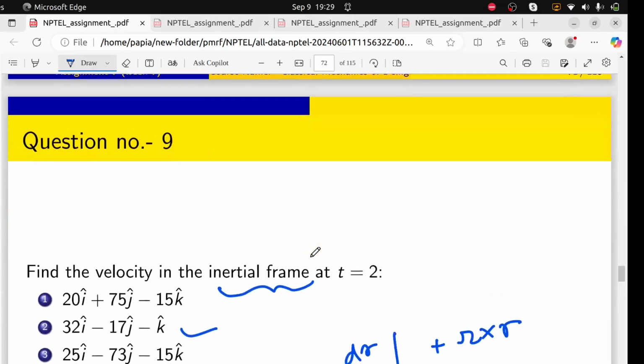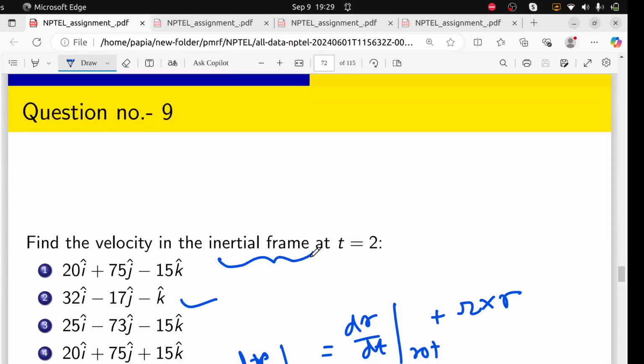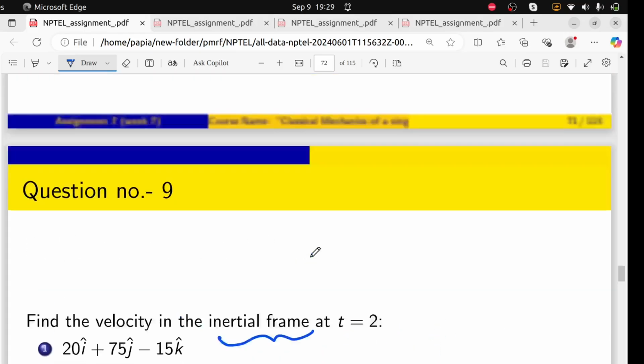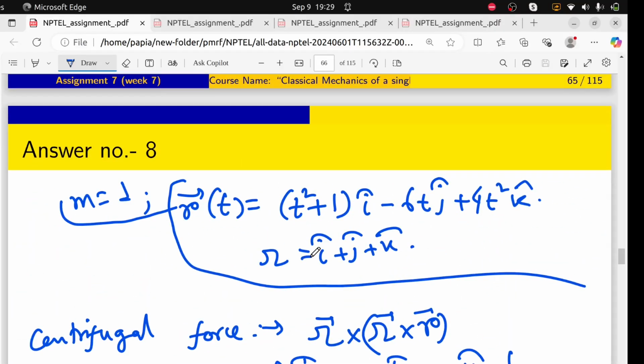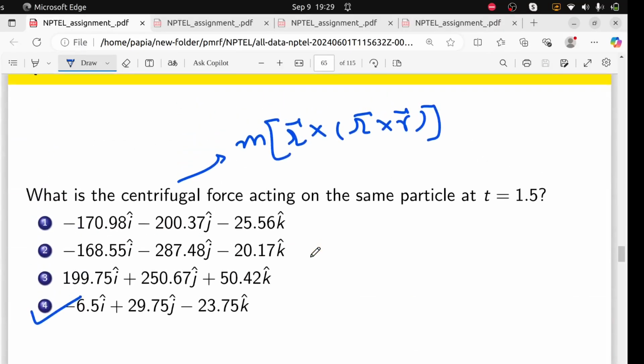And this is the velocity in the inertial frame at t equals 2 in the first question. There is a long list of questions. They have given r and omega and m equals 1, and at different times they are asking about different parameters, like the velocity in the inertial frame, then the centrifugal force, then the Euler force, and then the Coriolis force.